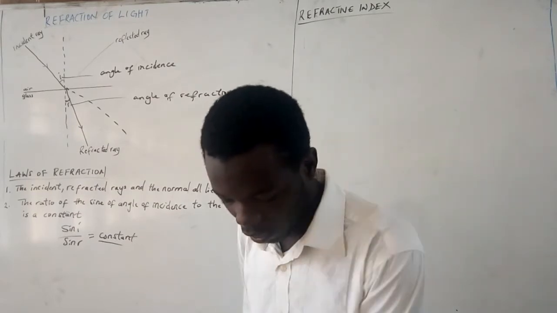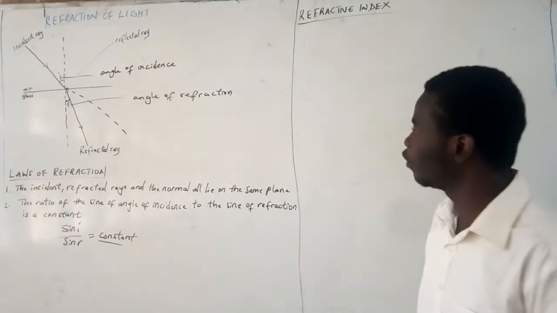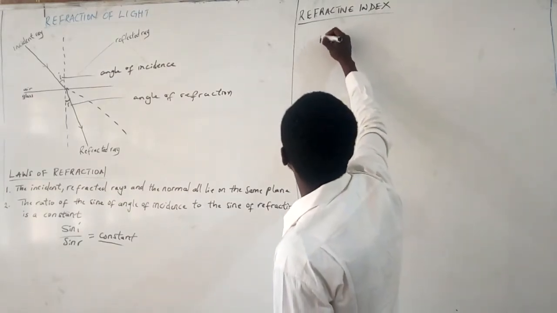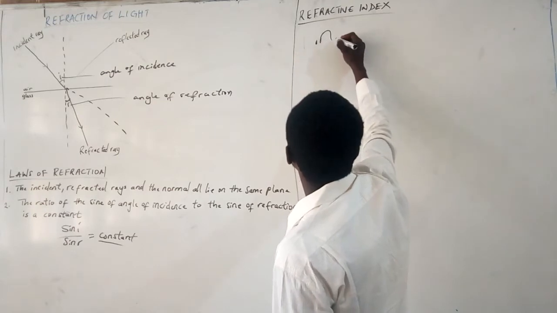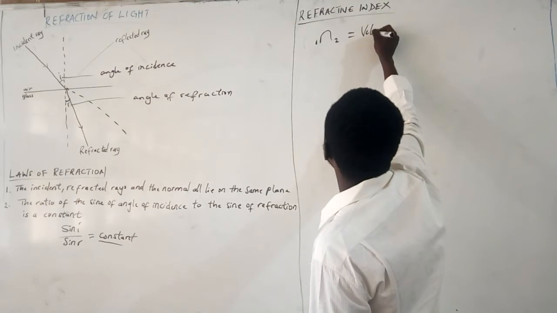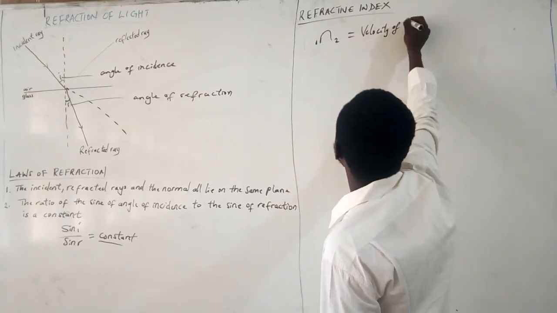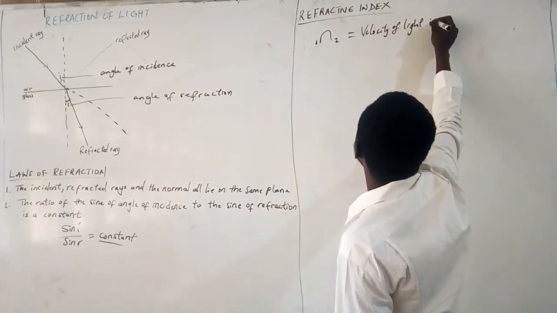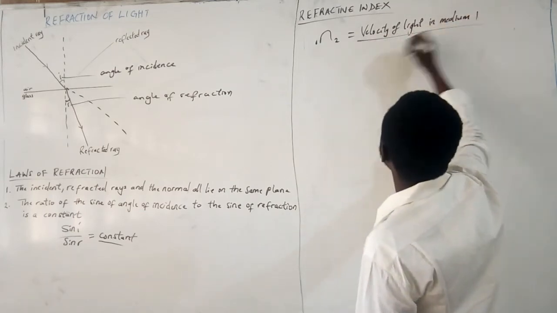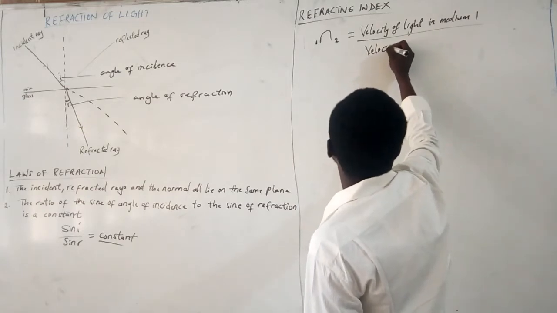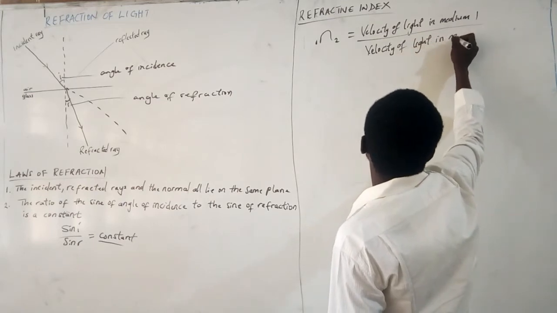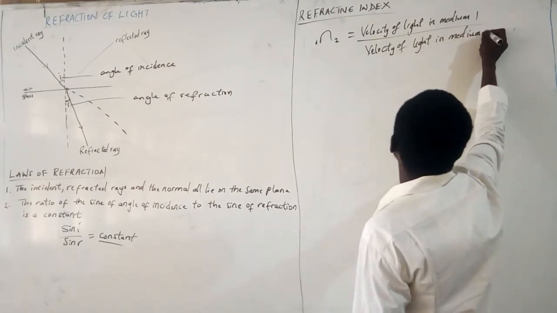Now, according to the wave theory of light, the refractive index from medium 1 to medium 2 is equal to the velocity of light in medium 1 over the velocity of light in medium 2.